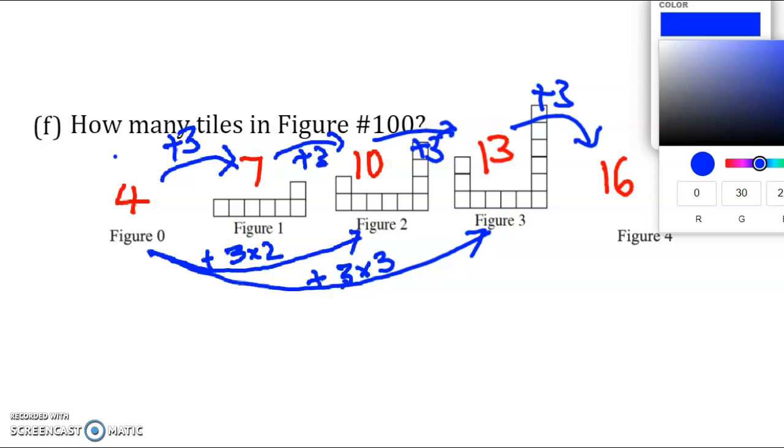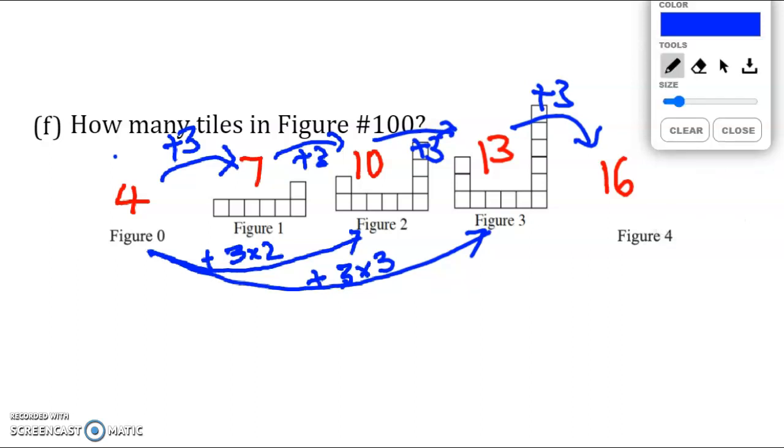Maybe I should not be using this sign, but the dot to say that it's multiplication. Likewise, from figure 0 to figure 4, we added 3 four times. So it's 3 times 4, which is 12. So we added 12 to the 4 to get 16.